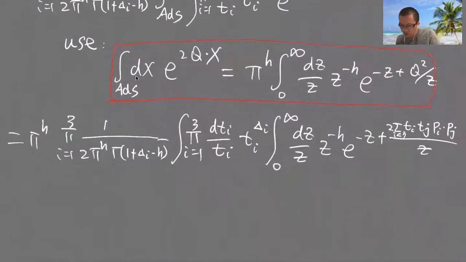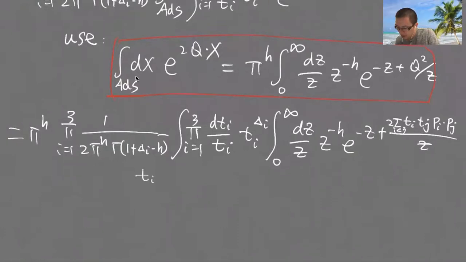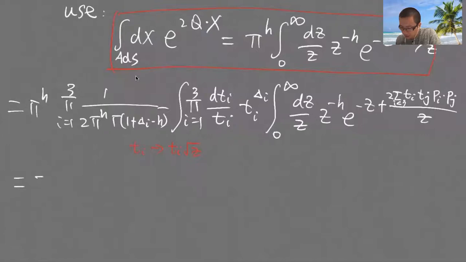Now we can do the z integral by rescaling. Say we rescale t_i to t_i times the square root of z. First of all, I have this constant, so let me copy it.